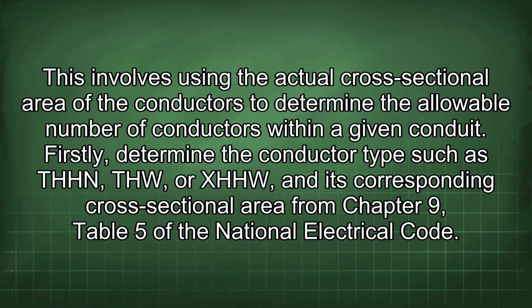This involves using the actual cross-sectional area of the conductors to determine the allowable number of conductors within a given conduit. Firstly, determine the conductor type, such as THHN, THW, or XHHW, and its corresponding cross-sectional area from Chapter 9, Table 5 of the National Electrical Code.